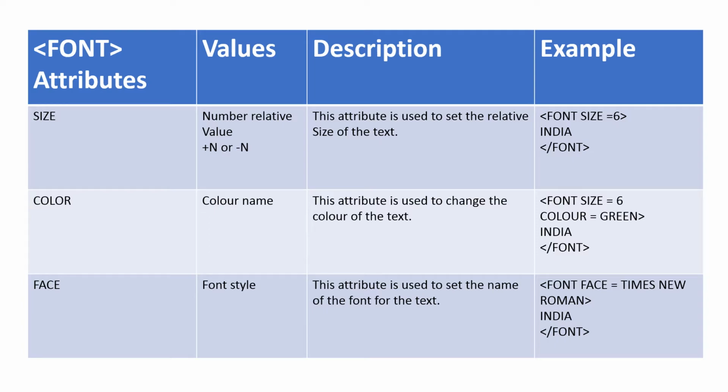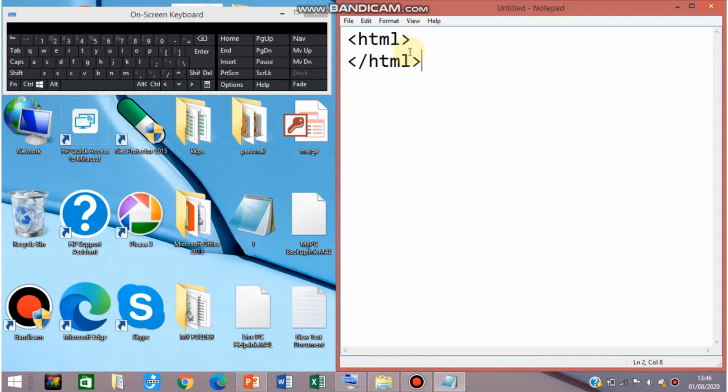Now first we will see how to use the font tag in HTML. Fine. Now first you have to open the notepad. After opening the notepad, first you have to write the HTML tag and then inside it, first you have to mention the title.